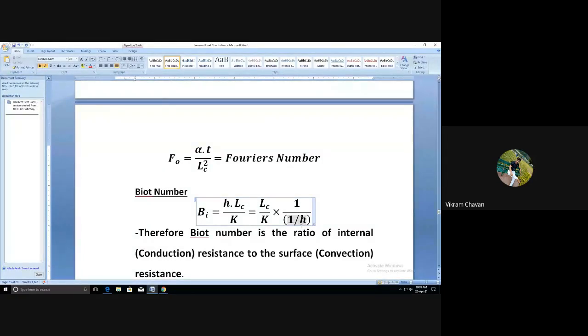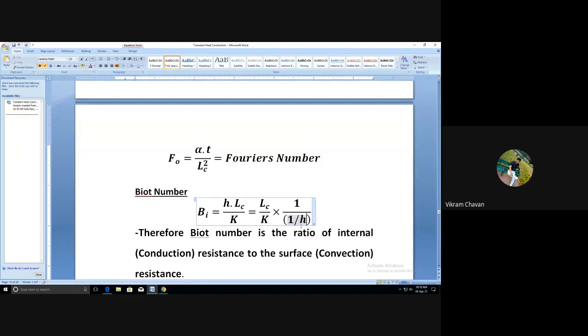So what does it signify? If the value of Bi is small, it indicates that the system has very small internal resistance, that is, conductive resistance. If Bi is small, then the denominator side is larger than the numerator side. What is in the numerator?